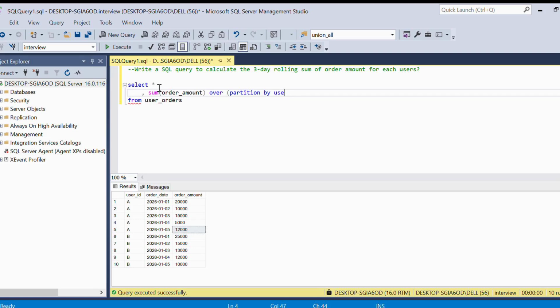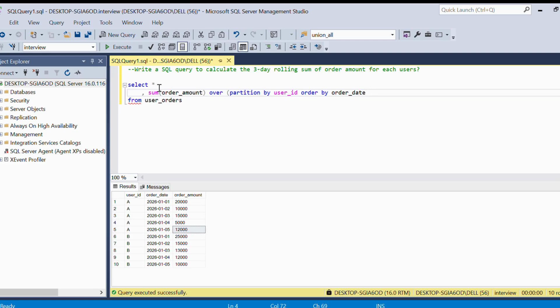Because we need it at the level of every user. Then order by, where we need to define the sequence, so for that sequence I'm using order date.